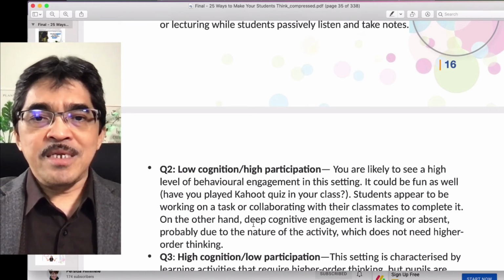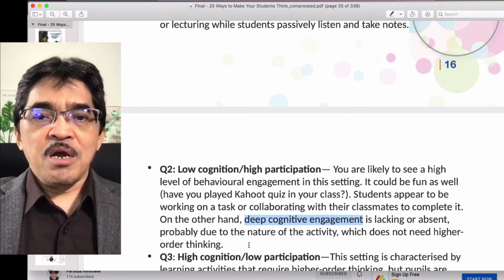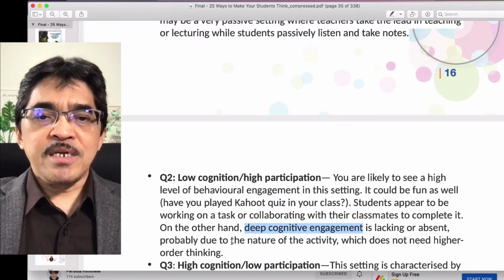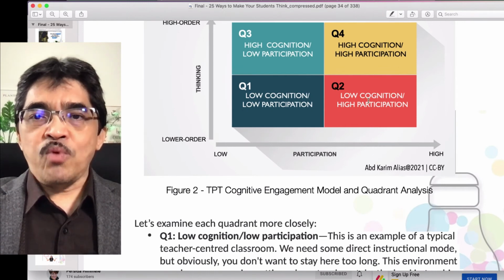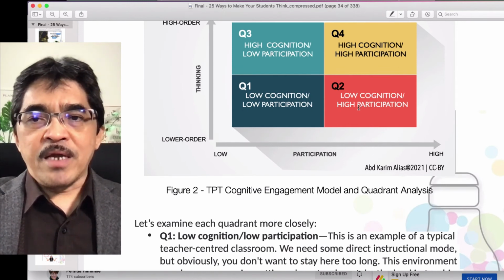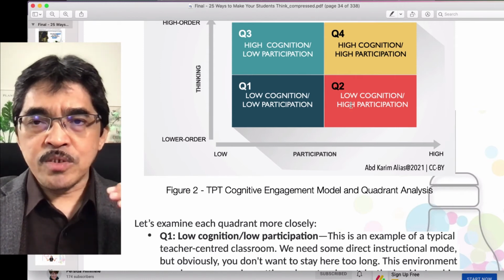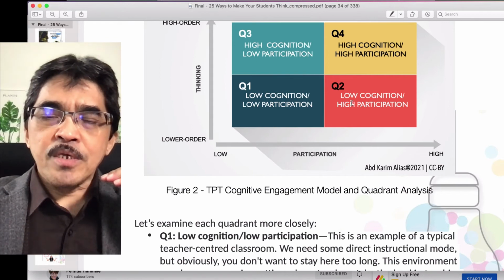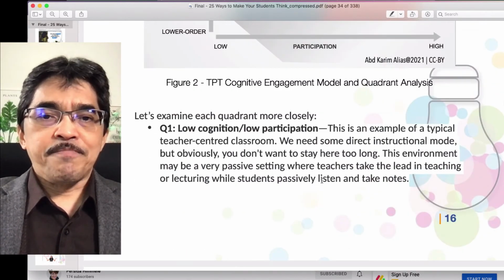On the other hand, deep cognitive engagement is lacking or absent, probably due to the nature of the activity, which does not need higher order thinking. But having said that, I believe we still need some activities on the low cognition part to make sure that they have the essential facts and understand the very important concepts or principles.